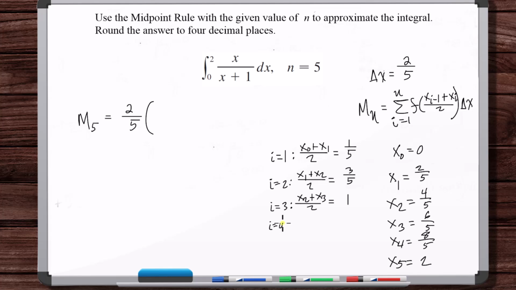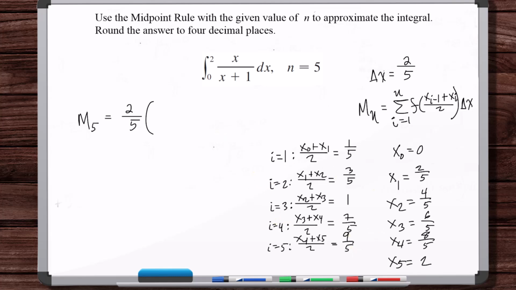Okay, i is equal to 4, x sub 3 plus x sub 4 divided by 2. So 6/5 plus 8/5 is 14/5, divided by 2 is 7/5. And then i is equal to 5 is x sub 4 plus x sub 5 divided by 2. That's 8/5 plus 10/5 is 18/5, so 9/5. Okay, so there we go.